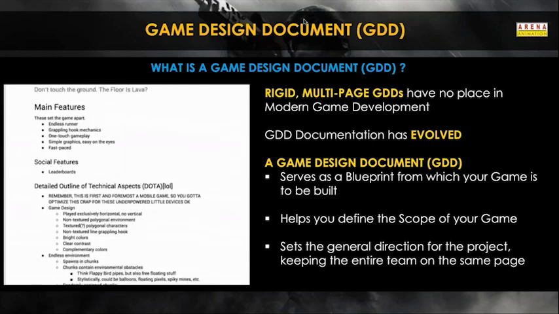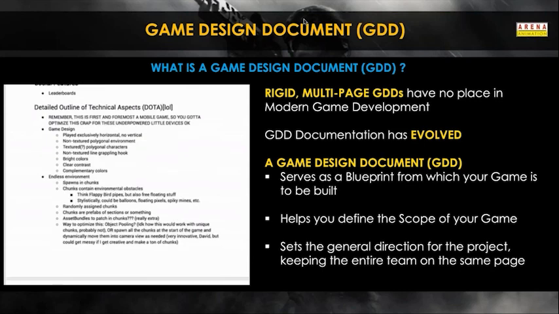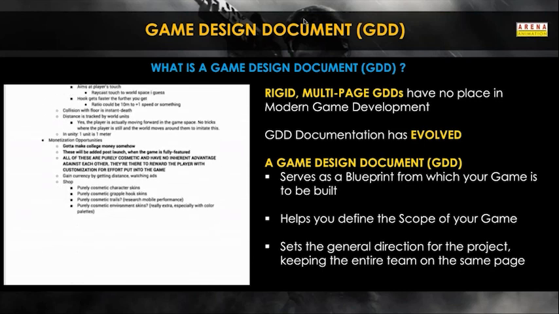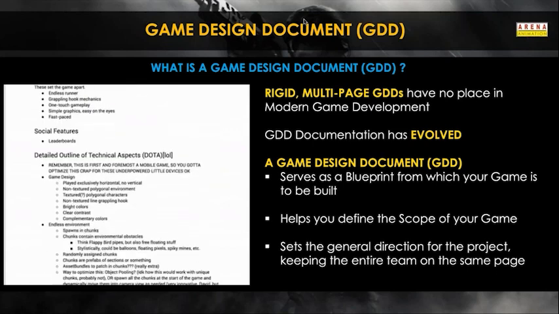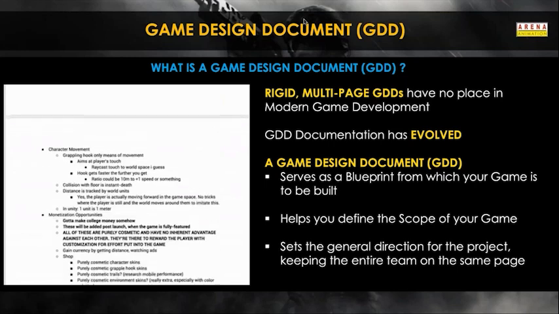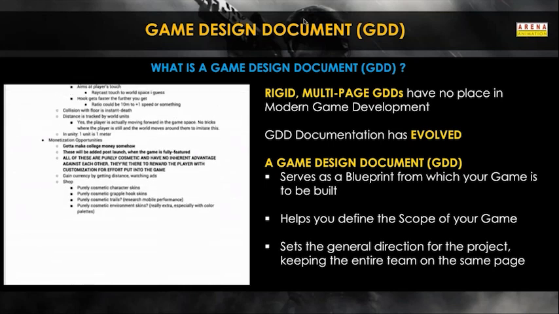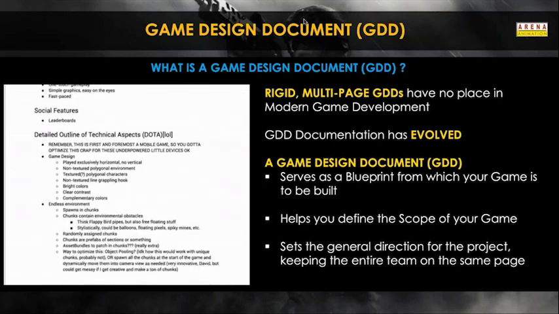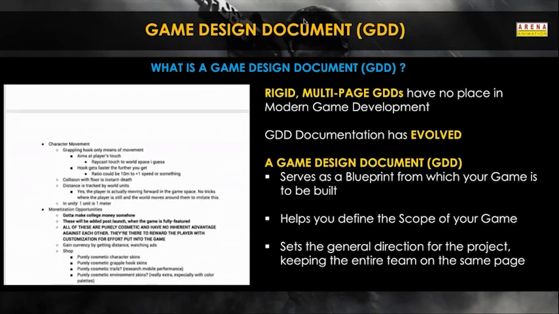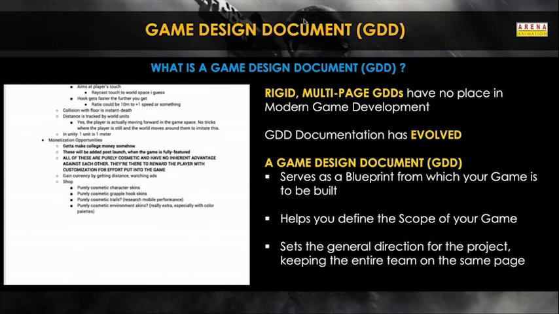So instead of totally skipping the game design document process itself, it evolved. It became agile, and I'll tell you the difference between an agile and a traditional way of documenting your game design.